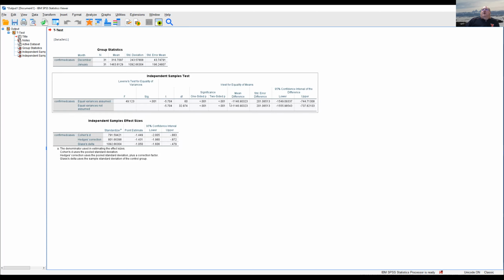Also, when you look at the two-sided P, it is less than 0.001, so that shows that there's a significant difference. And this is another way to use it. My experience and how I've done it is to go ahead and use the t-test and compare it to the critical number.